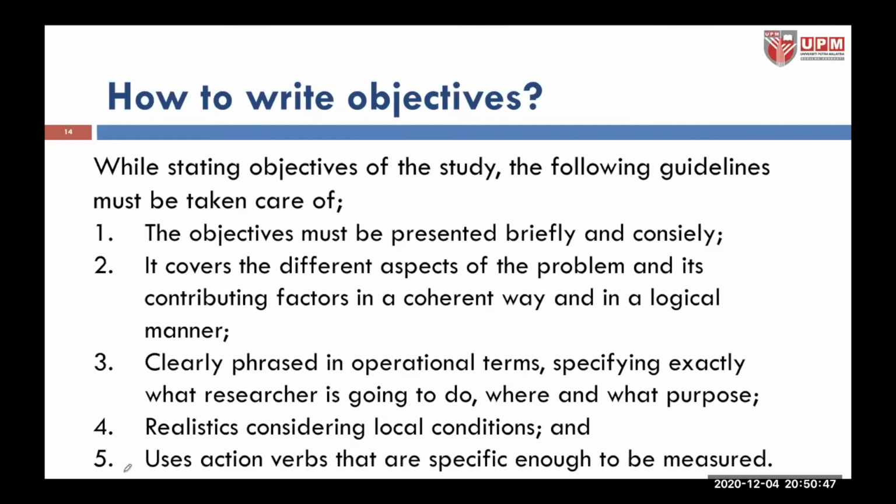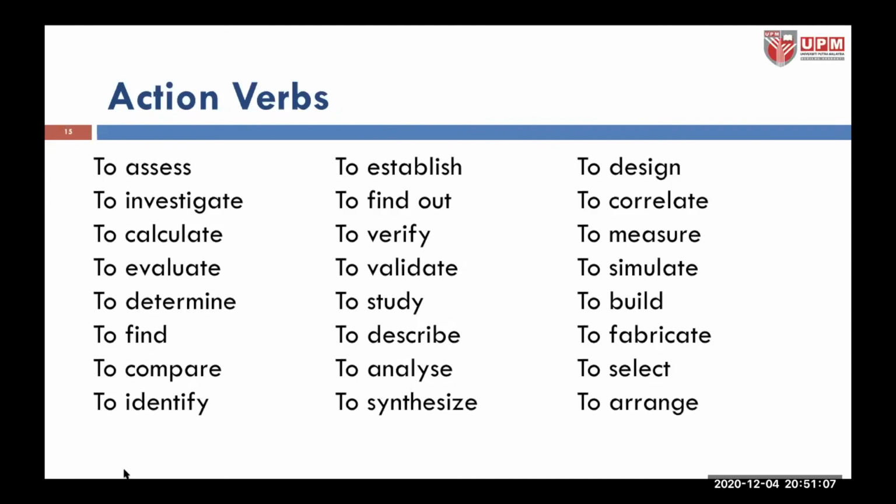Okay. And finally, it uses action verbs that are specific enough to be measured. Okay. Those are the guidelines that must be taken care of when you want to state the objective of the study, right?